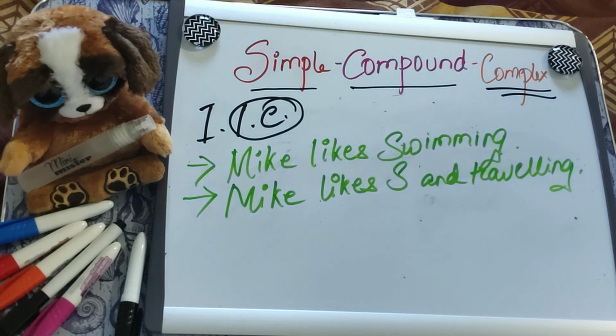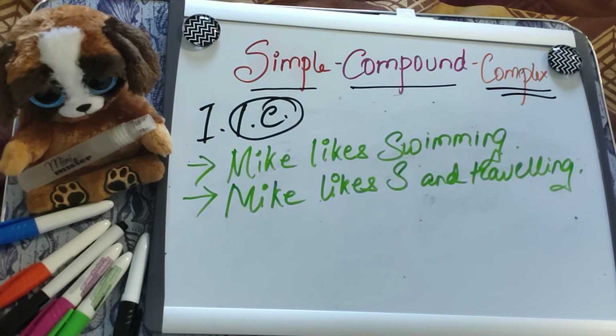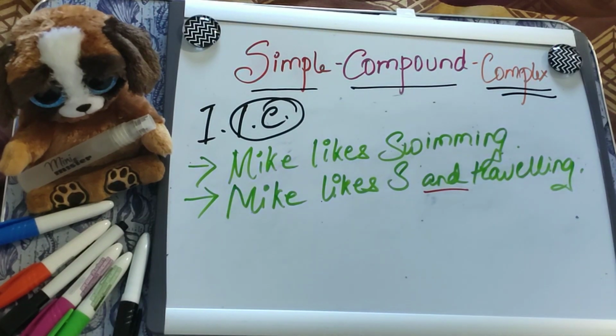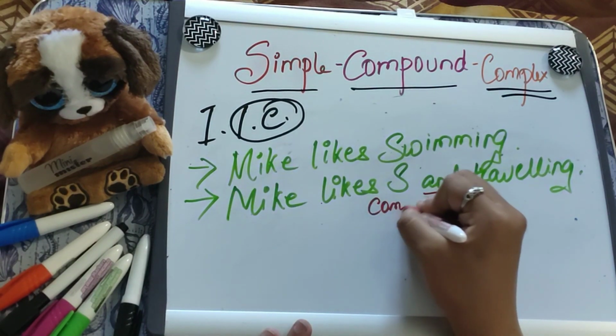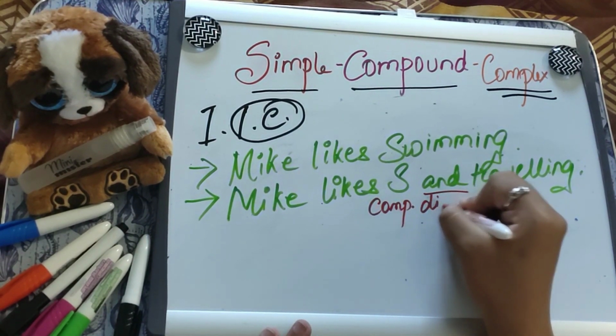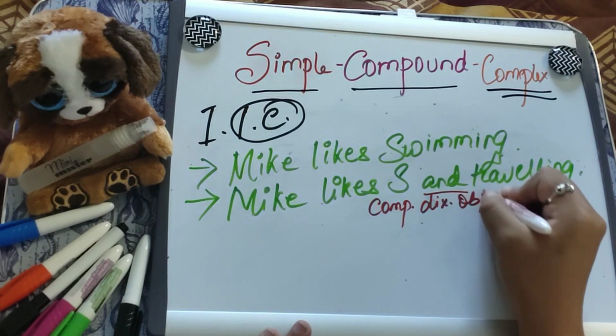Now there can be situations where you might think that this and is creating a compound sentence, but this and is actually adding compound direct objects. So the and is not creating a compound sentence, but this is a compound direct object.